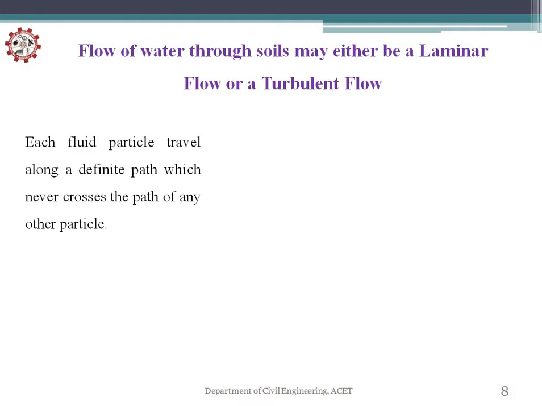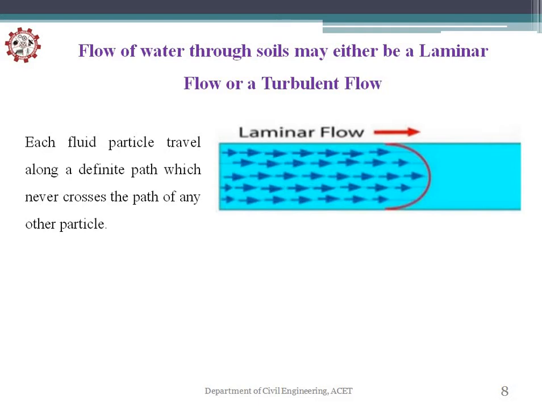In laminar flow, each fluid particle travels along a definite path which never crosses the path of any other particle. They are going in a queue, one by one, not crossing any other path and going ahead.